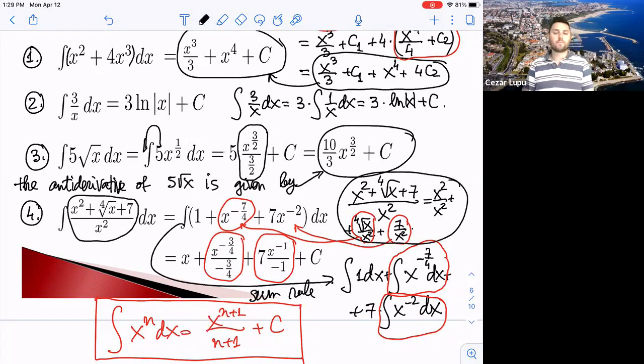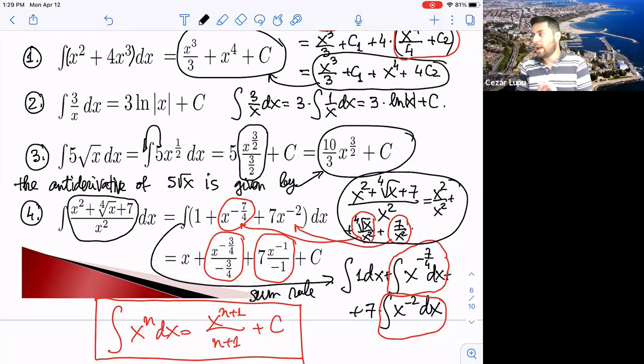Anyway, all right. You'll have in your homework plenty of other examples. Some of them are easier, some of them are a little bit more complicated than this.